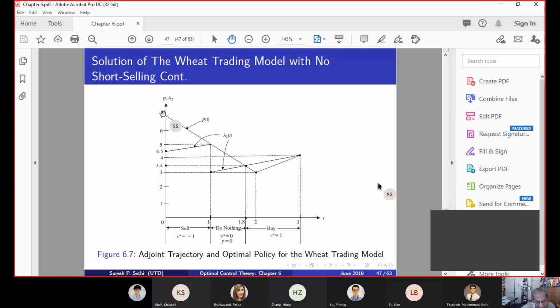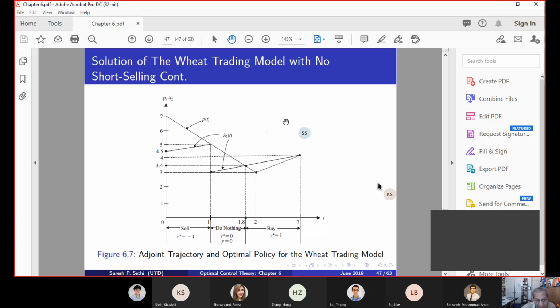Price is right now here, and it is going down. I have 1 bushel of wheat. I certainly cannot keep that bushel of wheat for more than 2 periods of time, because in 2 periods I will eat up the $1 holding cost. And if I keep it all the way up to here, I'm going to lose on the price as well as the holding cost. So I'm going to start selling.